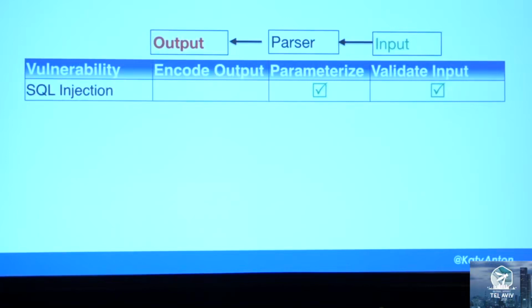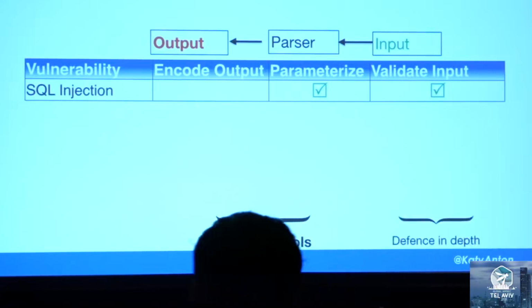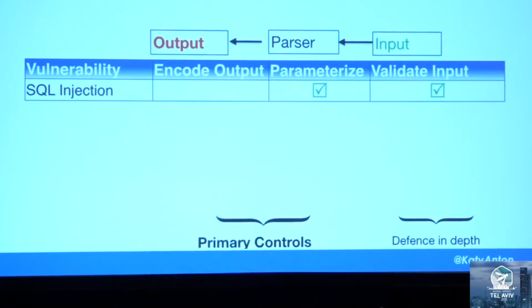The primary defense for this is to parameterize the queries, to separate the input from the actual SQL command before sending it to the SQL parser. This is the primary control. But as defense in depth, we still have to validate the input. And ideally, we must do both of them at the same time.